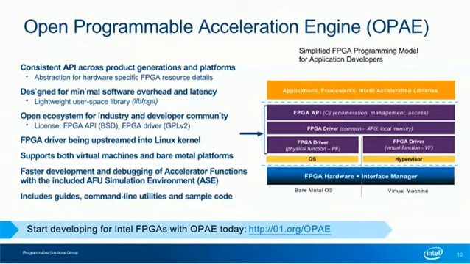There are many advantages of using this technology. It is designed so you can use a common programming model across different FPGA platforms and form factors. The lightweight user library, libFPGA, has minimal overhead and latency. The OPAE ecosystem is open source with the API distributed on the BSD license, while the drivers are GPL licensed because the drivers are being upstreamed into the Linux kernel.